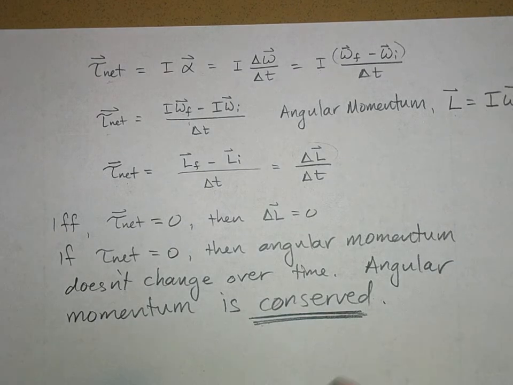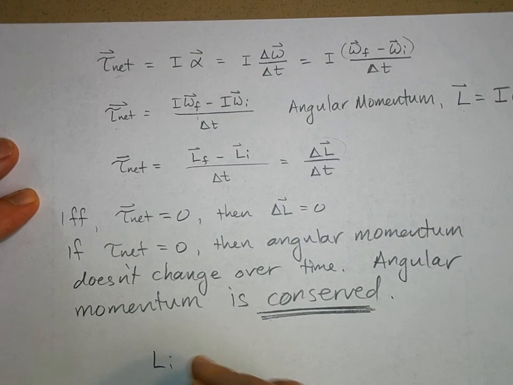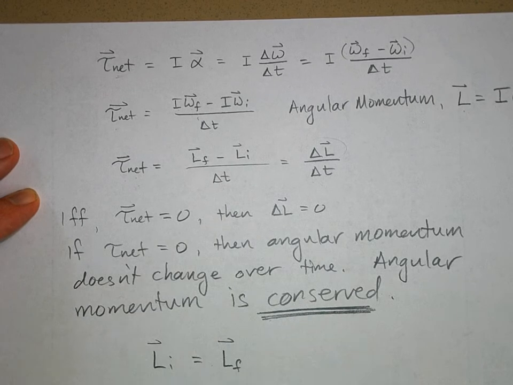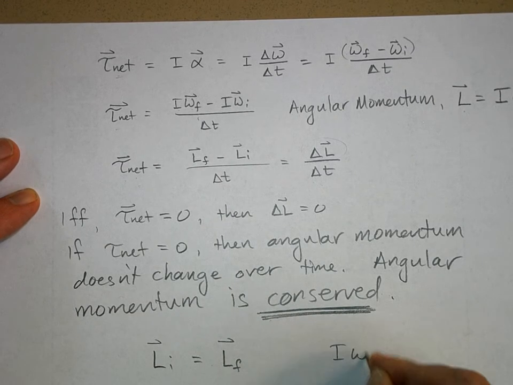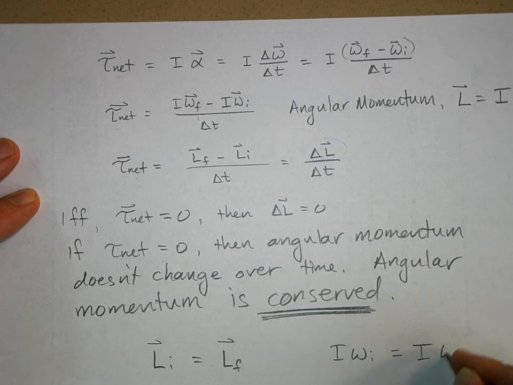Same is true here. If you have a system of rotating objects, and you measure their angular momentum, if there's no net torque, then this will be true: I omega initial will equal I omega final.